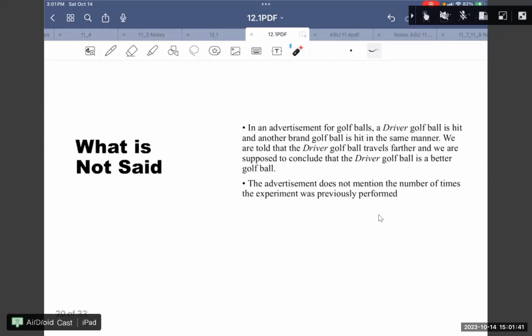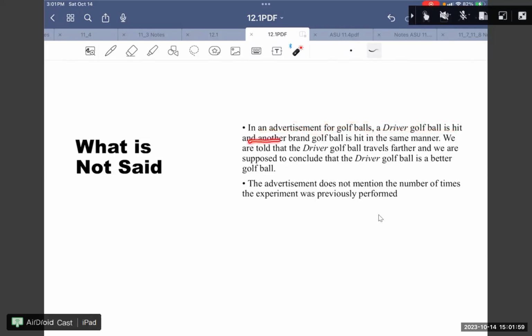In another advertisement, one brand of golf ball is driven and hit, and another brand of golf ball is hit in the same manner.